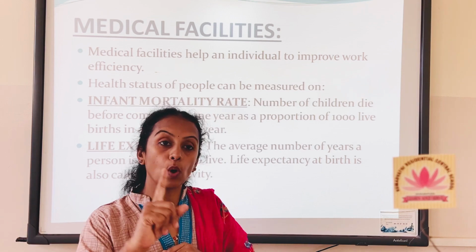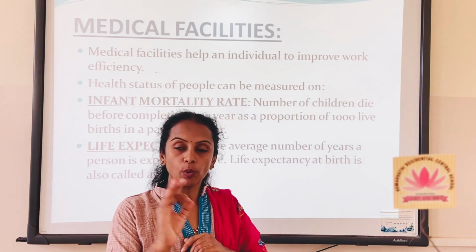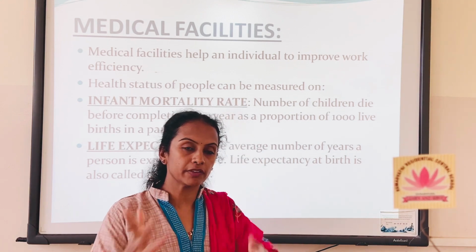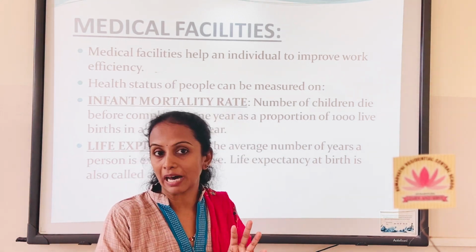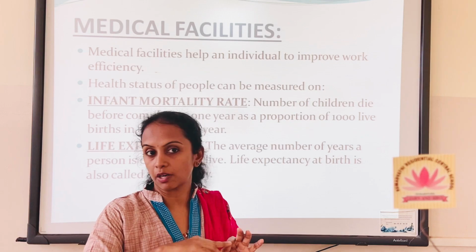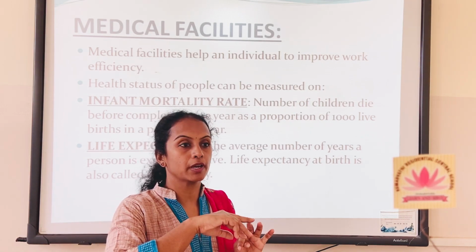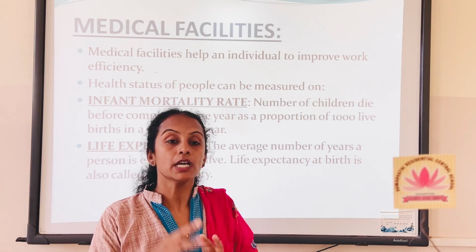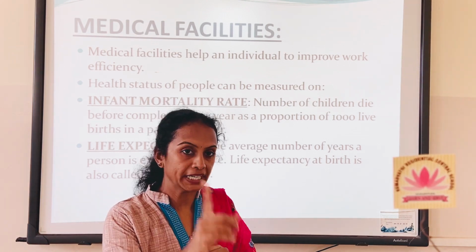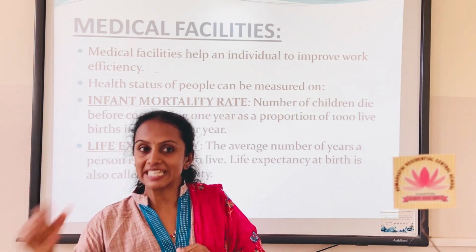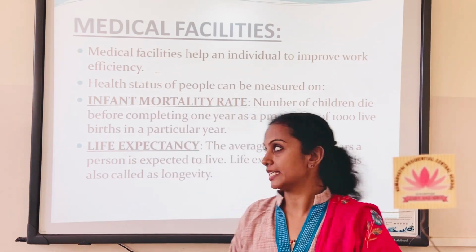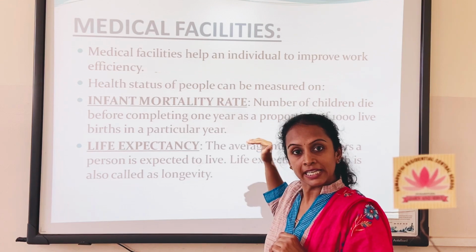Before completing 1 year of age, how many of these 1000 children die? It may be for different reasons: malnutrition, lack of medical facilities, lack of a proper environment. Like this you can give many reasons. So before attaining 1 year of age, out of these 1000 children, how many died? This is the infant mortality rate.